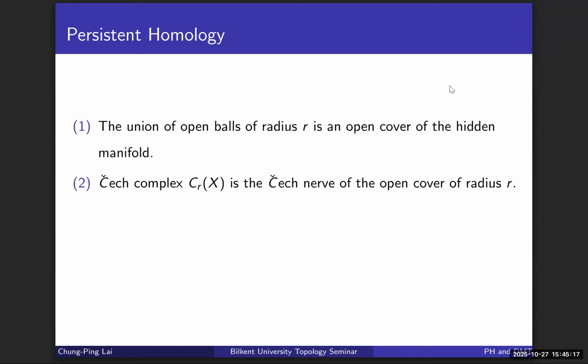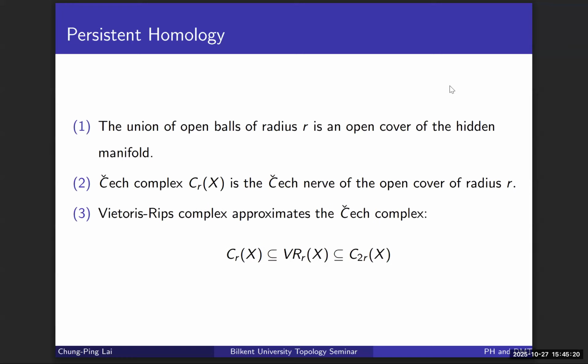But it turns out, unfortunately, the Čech complex is really difficult to compute. So instead, what happens is people use the Vietoris-Rips complex to approximate this Čech complex. And the reason this is a good approximation is that, as I accidentally hinted earlier, we are not looking at a single radius, we are looking at every radius possible.